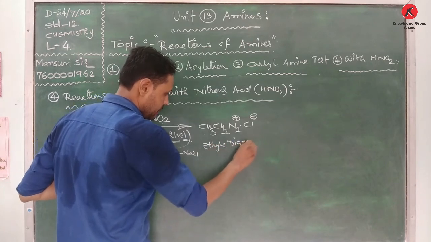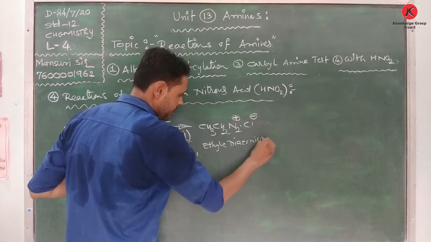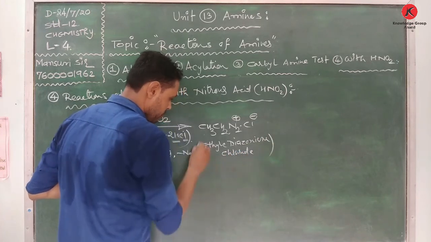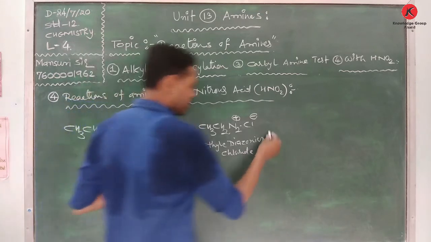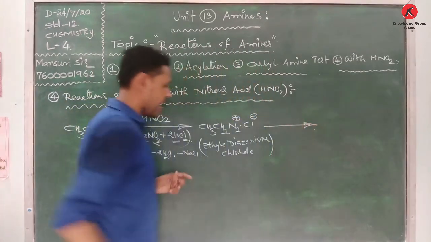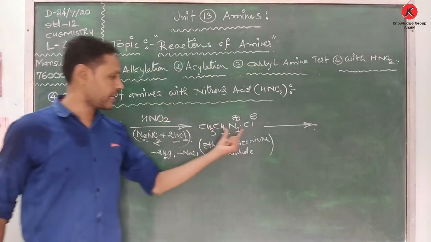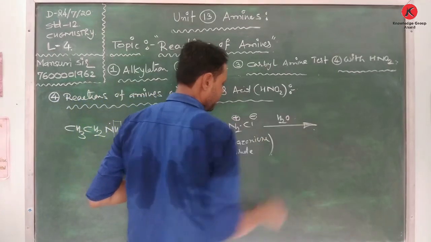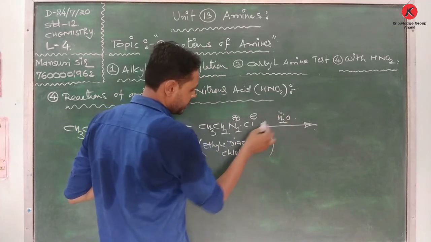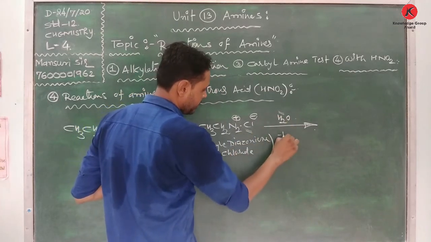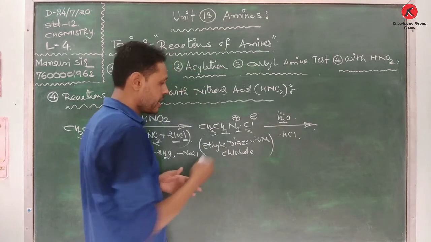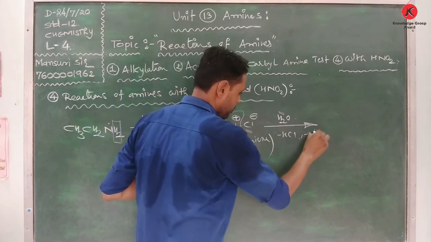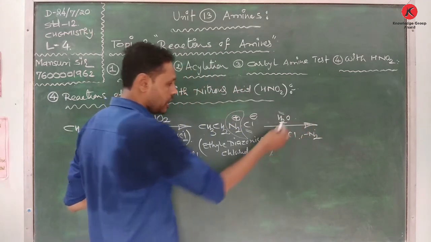Ethyl diazonium chloride is obtained. Now after getting this diazonium salt, on reaction with water, hydrogen is removed with chlorine, that means HCl is removed, and thereafter this N2 gas will also be removed.